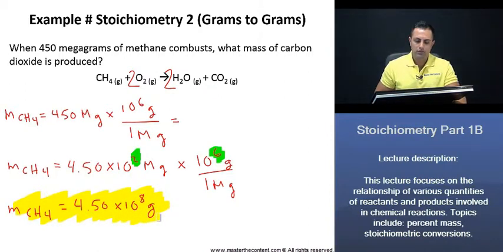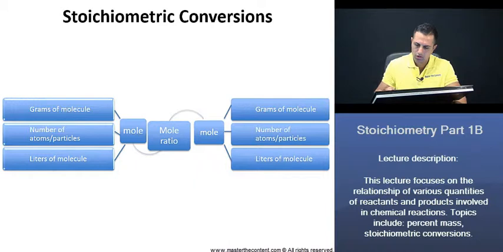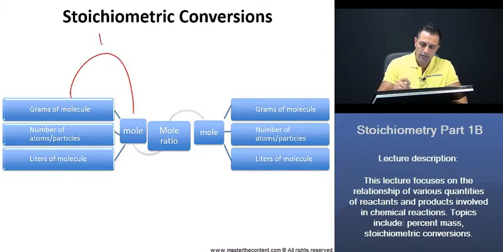Now that we have our grams, let's go back to our stoichiometric conversion and take a look at where we are and where we're trying to go, and see how many conversions we're going to need to make. We initially have grams of methane, and then we need to get into moles of methane. That's one conversion.